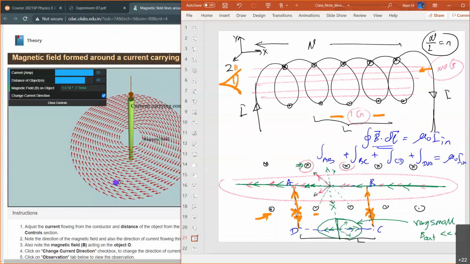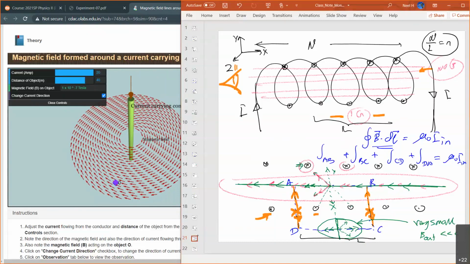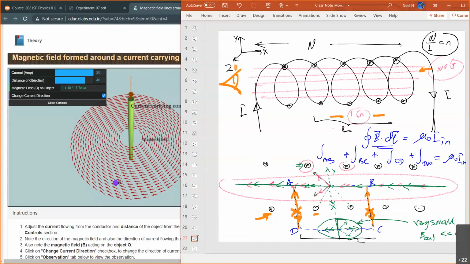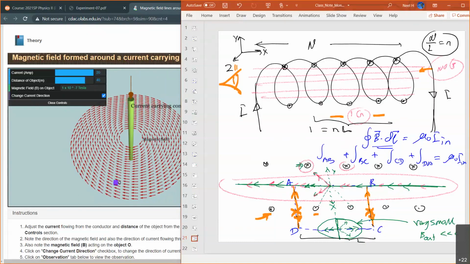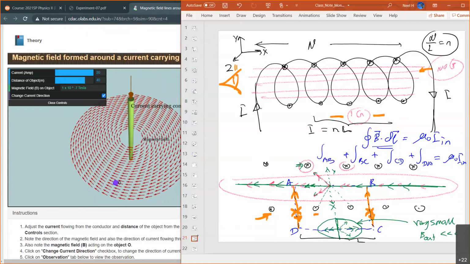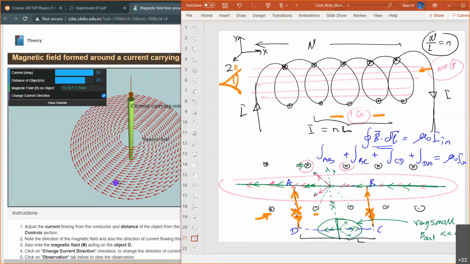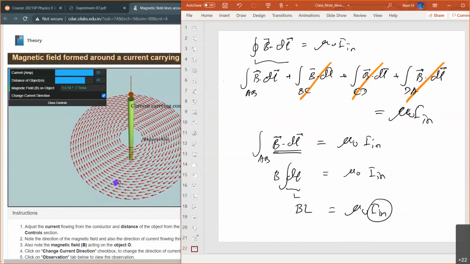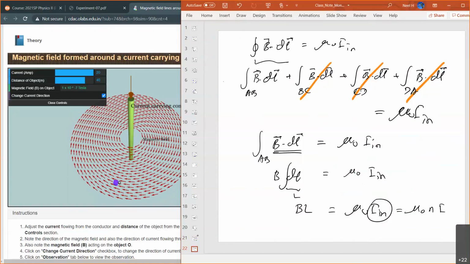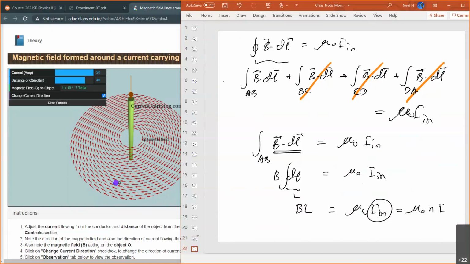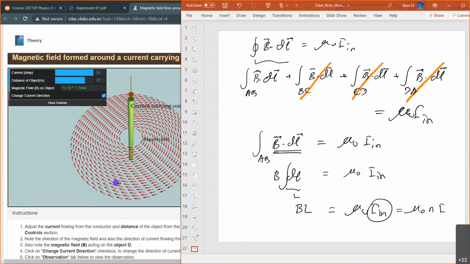So if I have a total length L, then L multiplied by small n is the total number of current wires associated with our length piece, okay? If I make that assumption, this BL is going to be mu 0 times small n times the I. Make sense? Good. That's the idea.